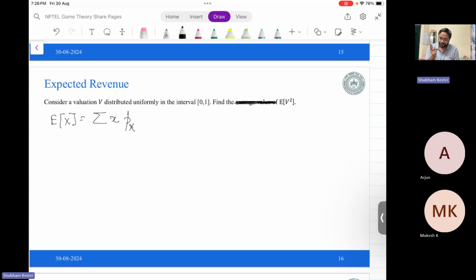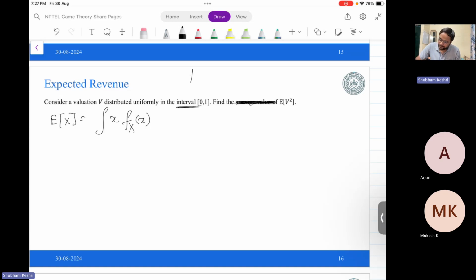When we have a continuous random variable, it is a probability density function. Over here it is an interval, so I'll not write p of x and not sum. It will be integration x f x of x. I have replaced summation with integration because summation is for discrete, integration is for continuous.